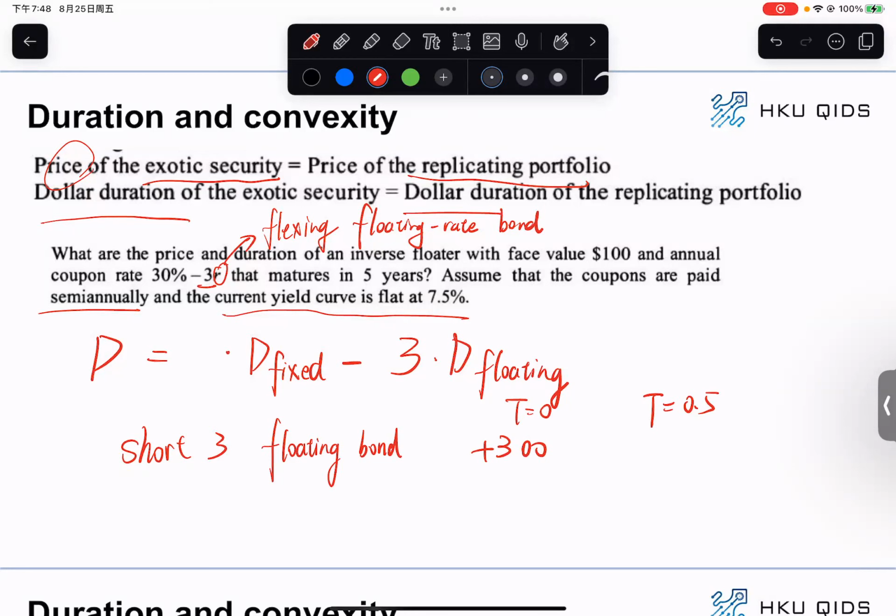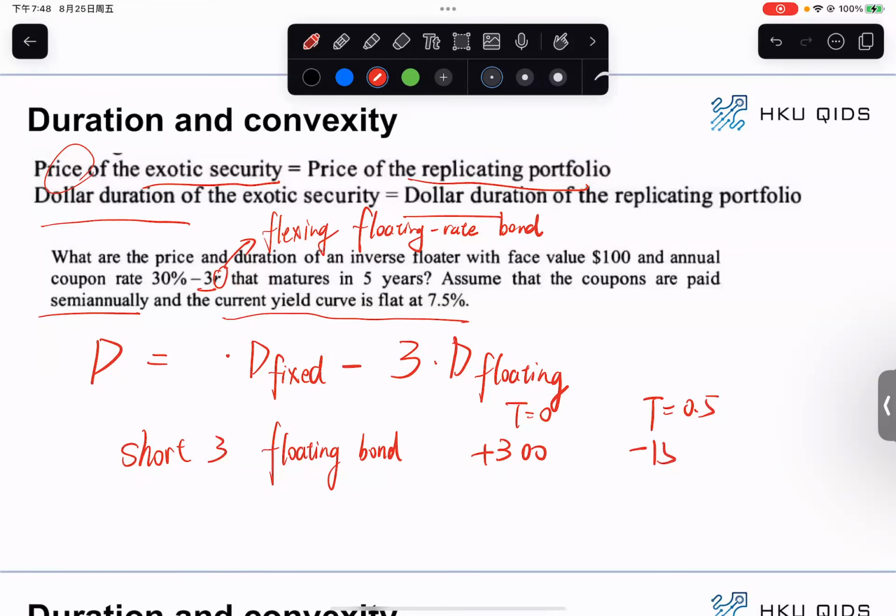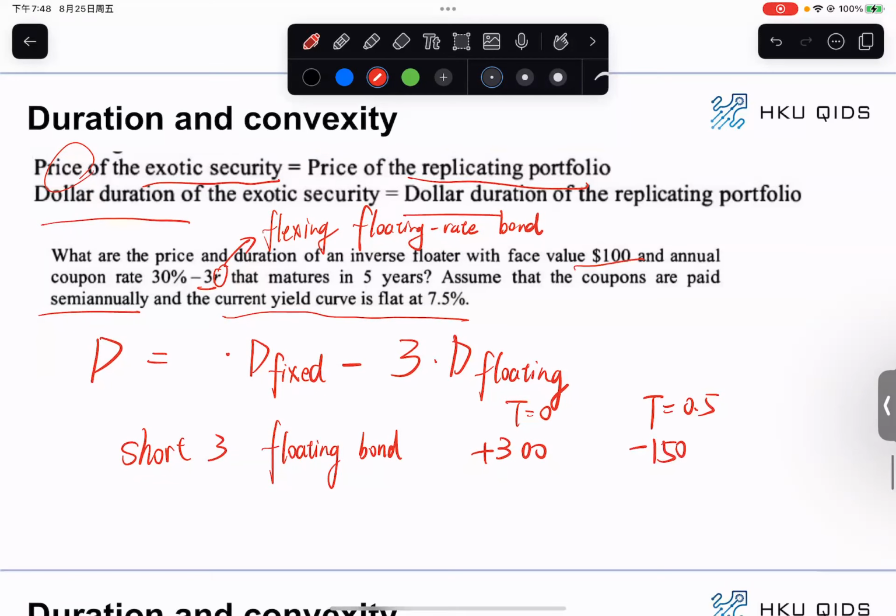We are going to have negative 150, since the face value is 100 R, and all the way goes to t equal to 5, where we are going to have another negative 100 R minus 300 because we are shorting. And to match this thing with the original coupon, we need to learn how much of fixed bond.